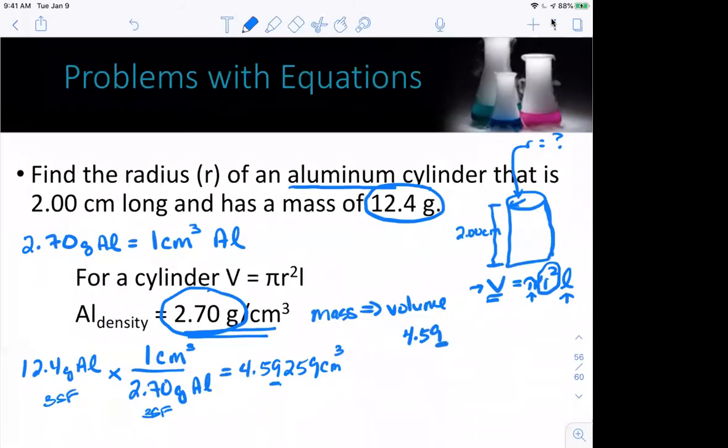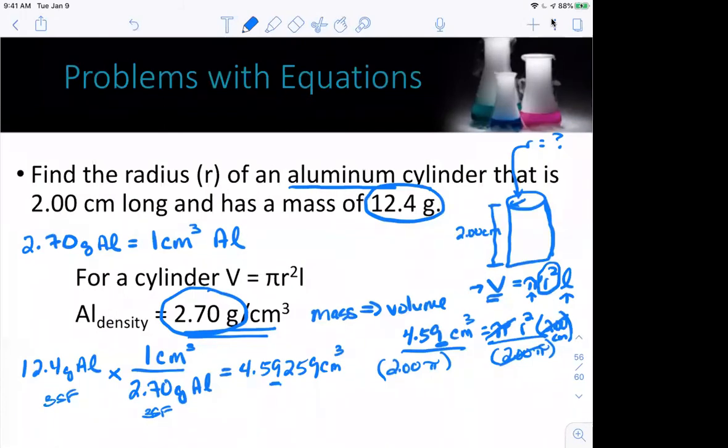So what I have is 4.59. I'm going to leave it off right now, but in my calculator, I'm going to use it. Centimeter cubed is equal to pi r squared times 2.00 centimeter, right? So I'm going to divide by pi and 2. That's going to cancel that.